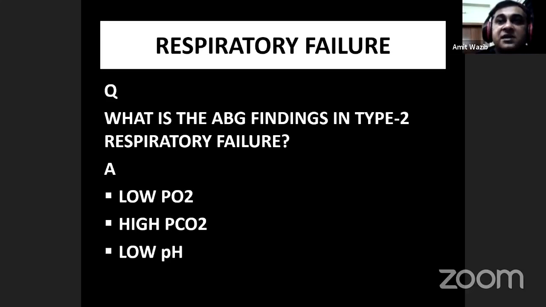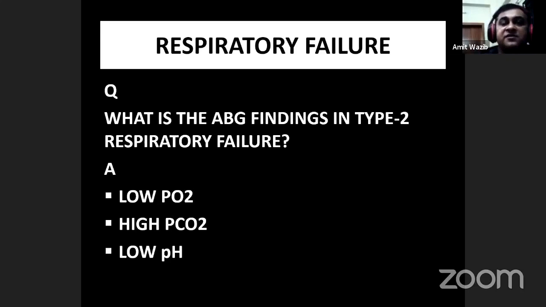And because of this acidosis, the pH of blood will be low. So what is the ABG finding of type 2 respiratory failure? The finding is low PO2, high PCO2, and low pH. So it can be assumed that in respiratory failure type 2, there is often respiratory acidosis.